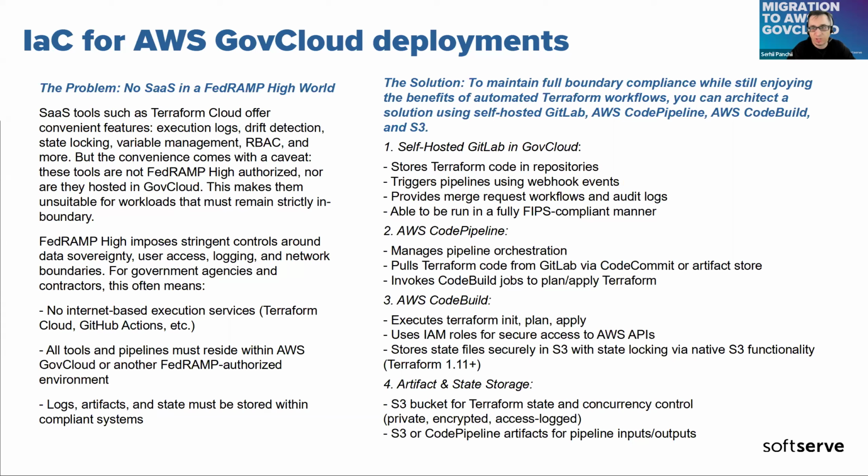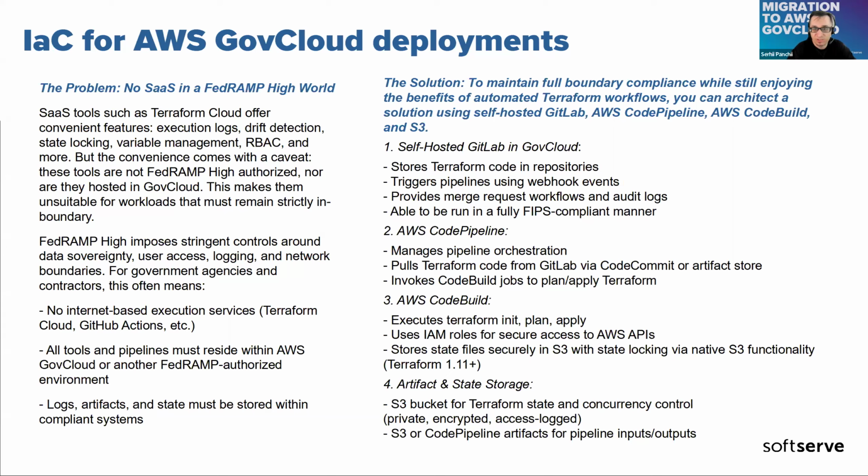Terraform Cloud, GitHub Actions, and other SaaS tooling are not usable in the FedRAMP High context, which is a common standard compliance for AWS GovCloud usage. Based on this, you need to be fully deployed in the AWS GovCloud boundary for infrastructure as code, the CI/CD process for it, and other support tools.